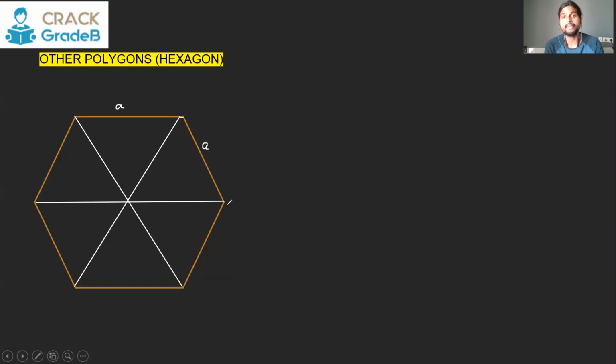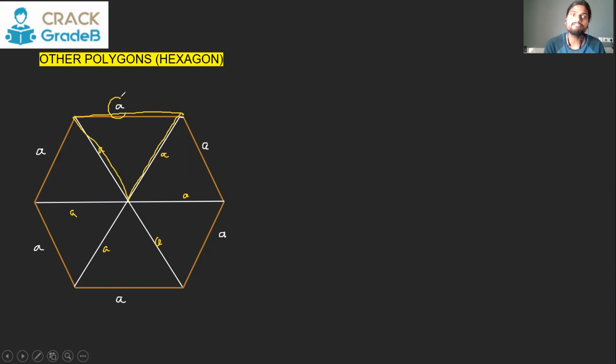If all 6 sides are A, and you draw all the bigger diagonals like this, that will divide the given hexagon into 6 equilateral triangles. So all the sides here are going to be A because each of these triangles is equilateral, so all sides are equal.